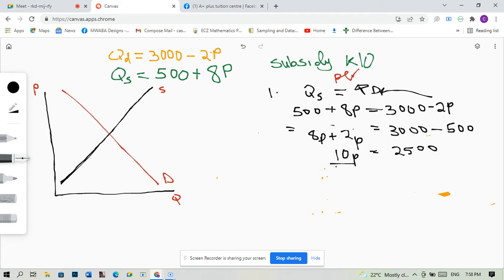Right, to find the value of P, we divide both sides by 10. So our value of P equals 250.